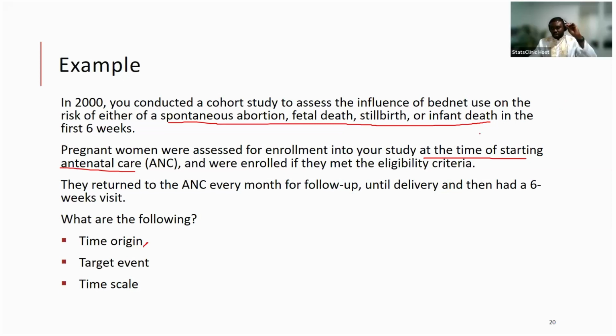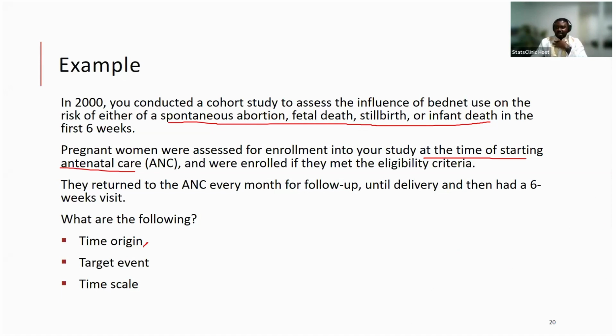If a person experiences any one of them, that's the event. So it's either a person has a spontaneous abortion, or a fetal death, stillbirth, or infant death, or the child is alive and well and is alive beyond 6 weeks. So that's the target event.